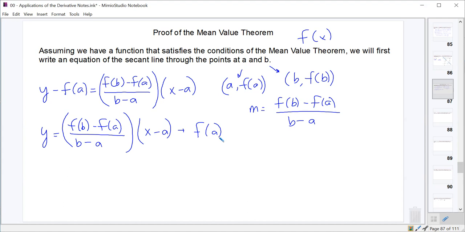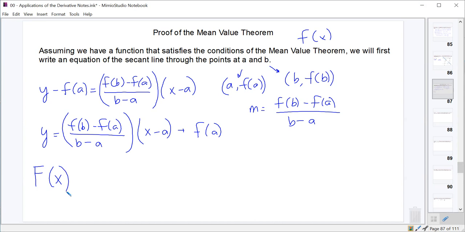And what we're going to do is come up with some new function. I'm going to call it capital F of x, just to keep in line with our regular function notation.